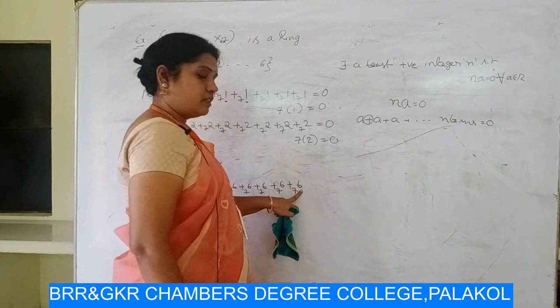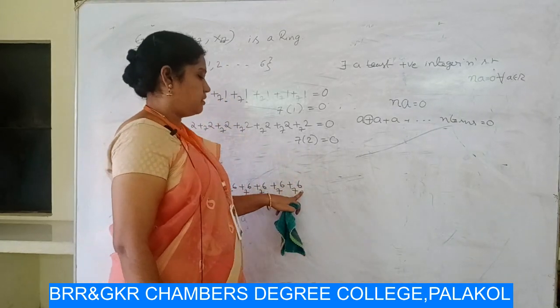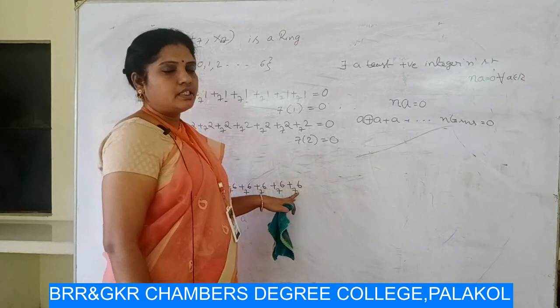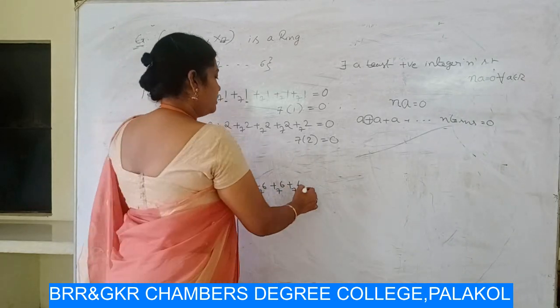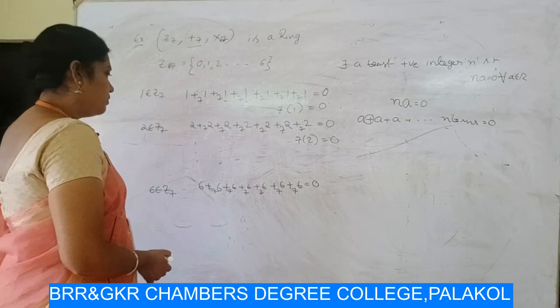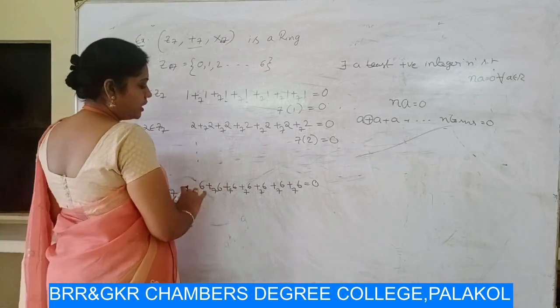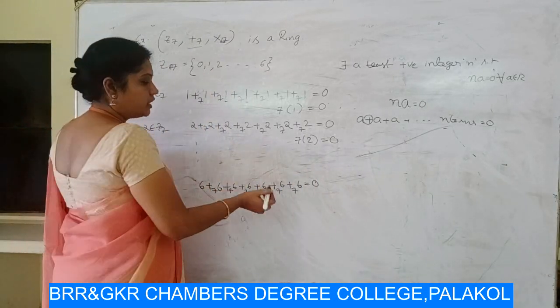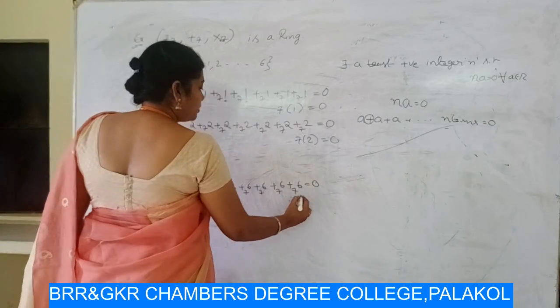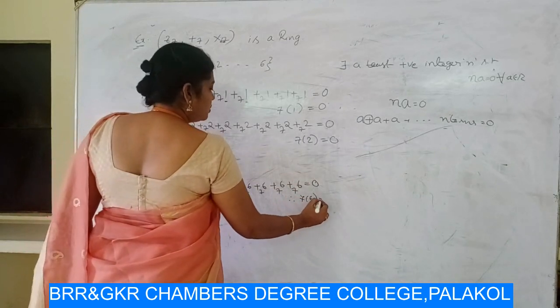Then 1 plus 6 is 7, and 7 divided by 7 gives remainder 0. Here 6 is also added 7 times to get remainder 0. Therefore 7 into 6 is equal to 0.